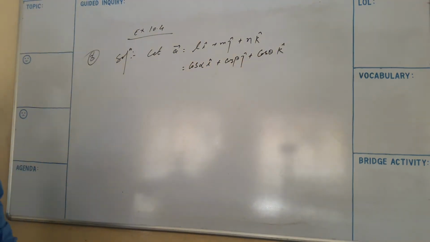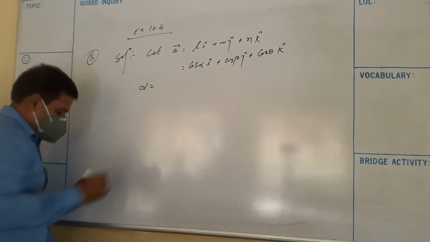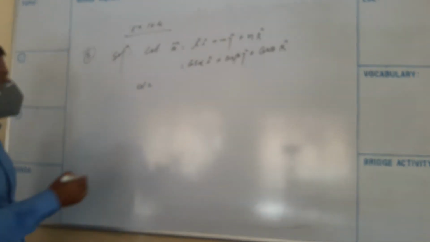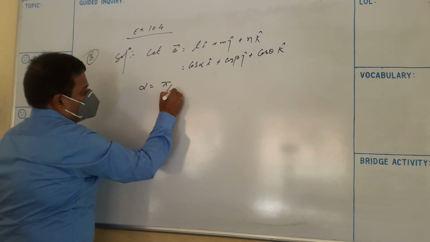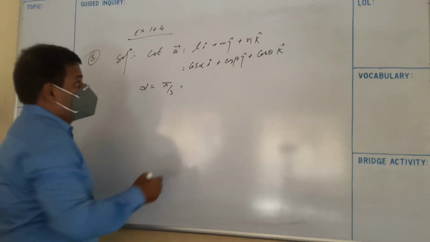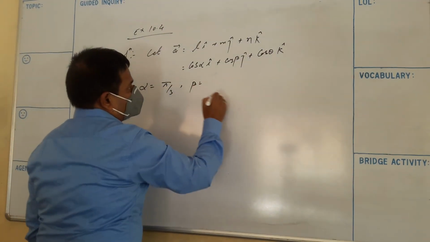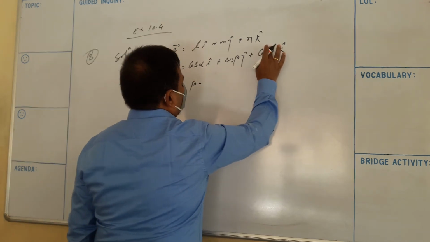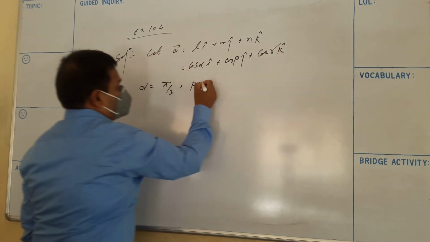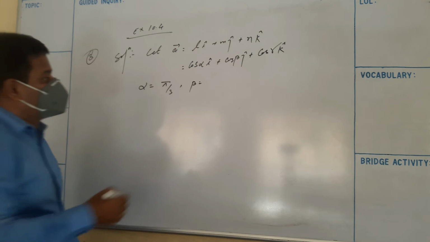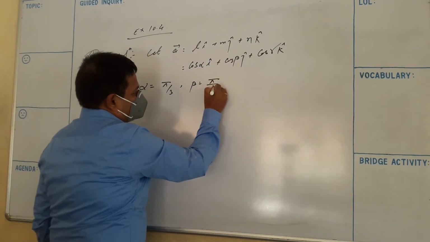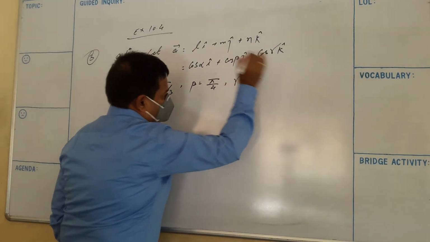Clear? So alpha is equal to, here it is given, alpha is pi by 3. Clear? Beta is equal to pi by 4 and gamma is equal to theta, suppose.